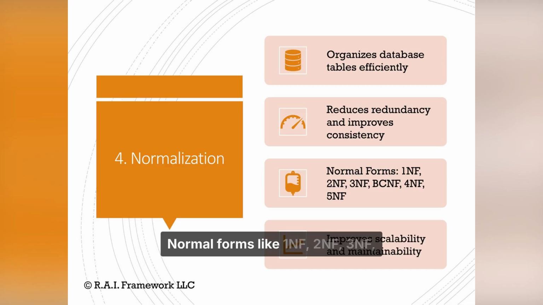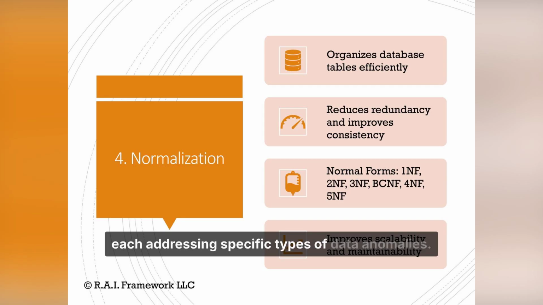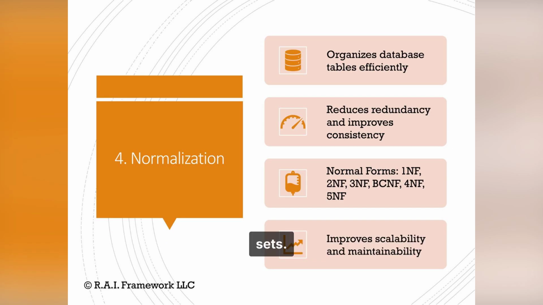Normal forms like 1NF, 2NF, 3NF, BCNF, 4NF, and 5NF guide this process, each addressing specific types of data anomalies. Proper normalization leads to a more efficient database design, which in turn improves scalability, maintainability, and overall data quality, making it easier to manage and query complex data sets.